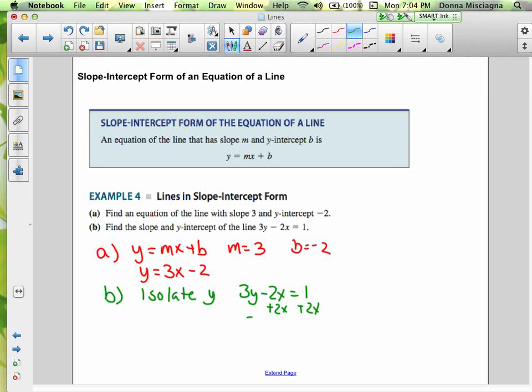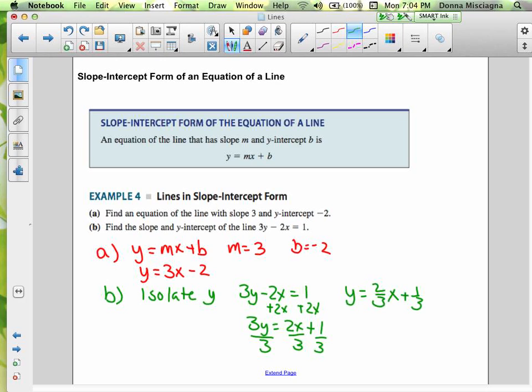So that's 3y equals 2x plus 1. And then our final step is to divide everything by 3 to solve for y. And so our equation in slope-intercept form is y equals 2/3 x plus 1/3.